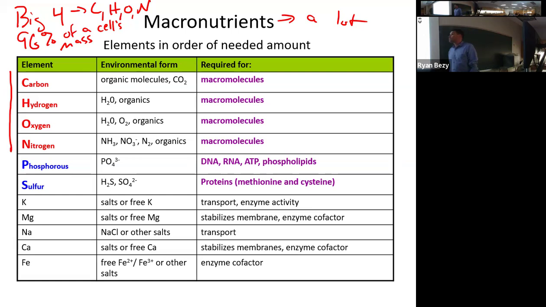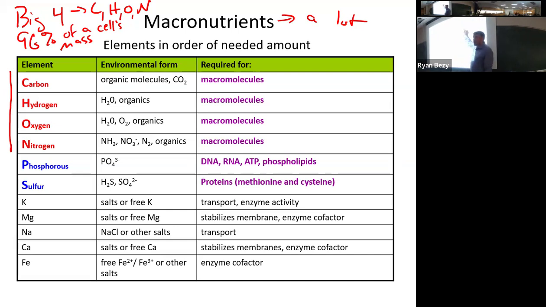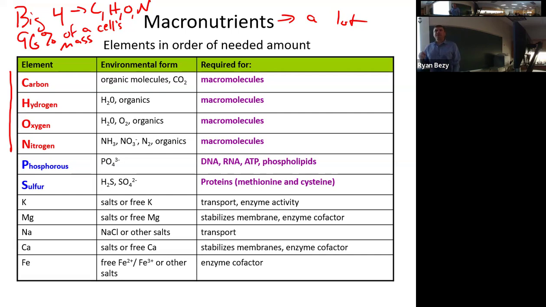They need a lot of those four chemical elements because those are the most common chemical elements in the macromolecules. So you need a lot of carbon to build macromolecules. You need a lot of hydrogen, oxygen, nitrogen. And by the macromolecules, again, I mean carbohydrate sugars, lipids, nucleic acids, and proteins, the four classes of macromolecules. Questions about that?